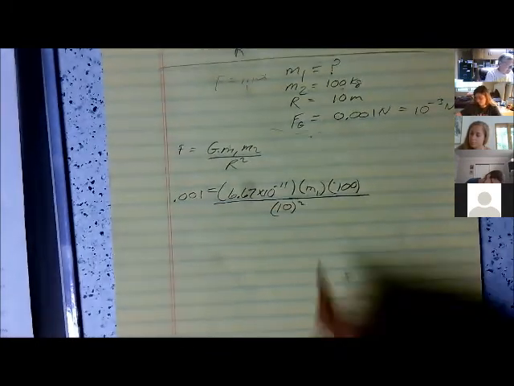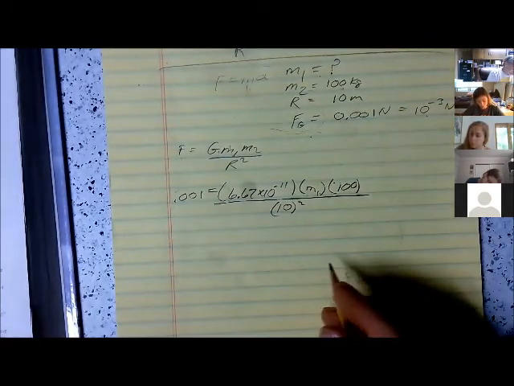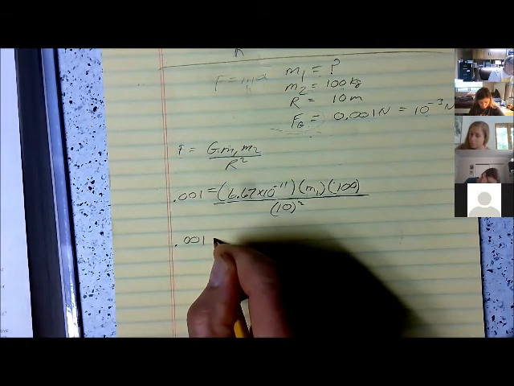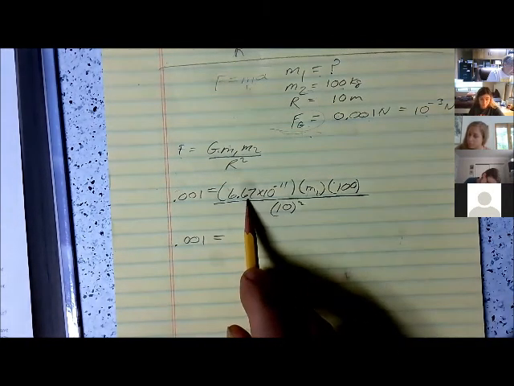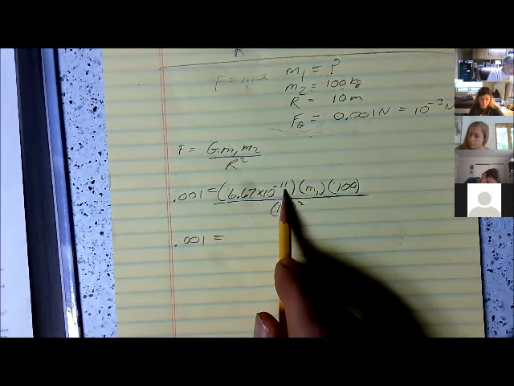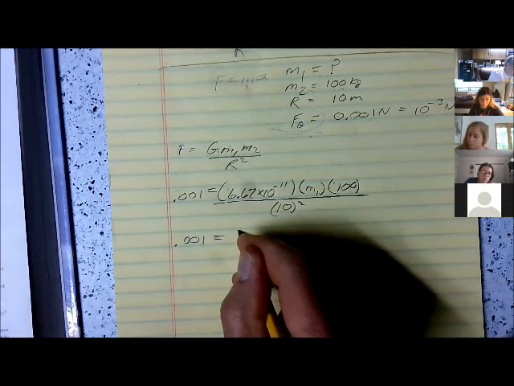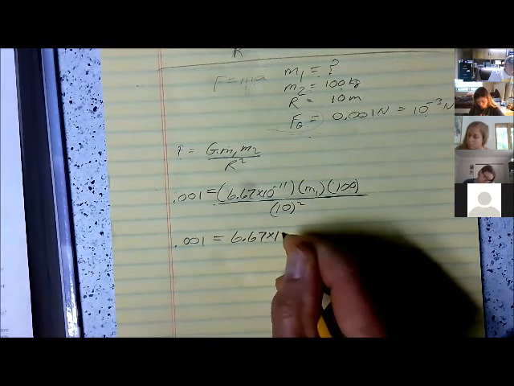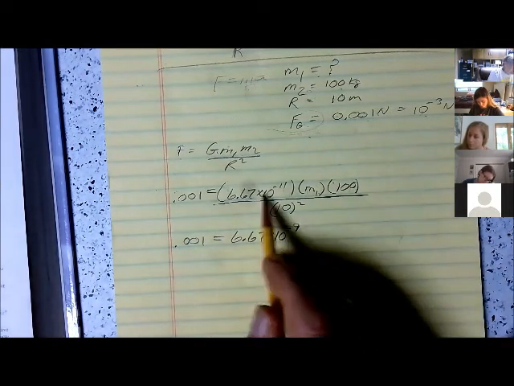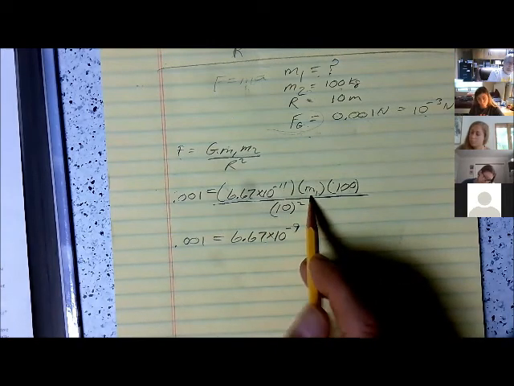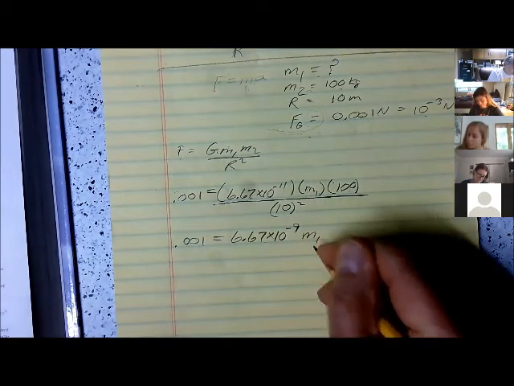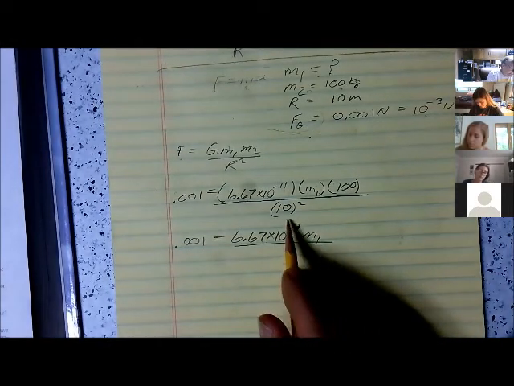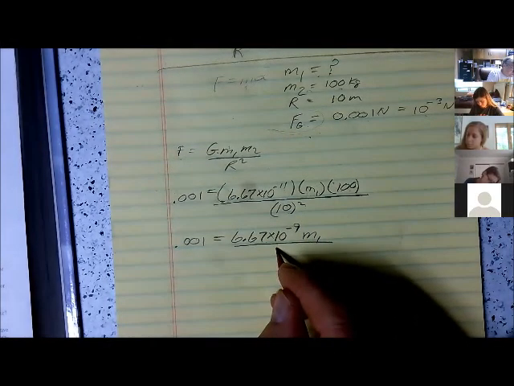So we have to solve for M1. Let's rewrite this. 0.001 is equal to 6.67 times 10 to the minus 11 times 100. On your calculator, you should get 6.67 times 10 to the minus 9 when you multiply those two. We still have M1, so I write down M1. Now we're going to divide this by 10 squared.